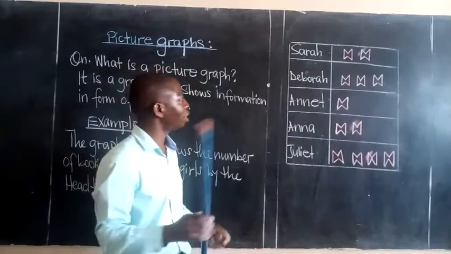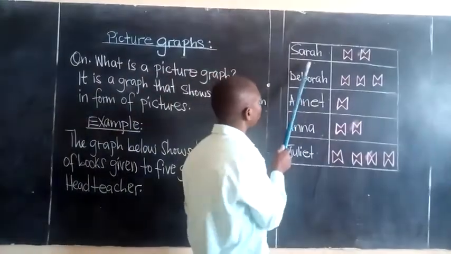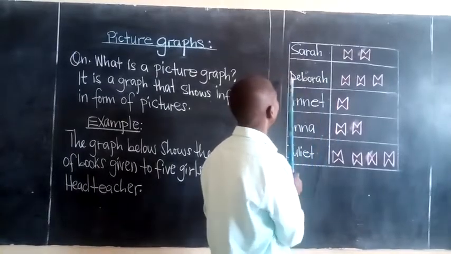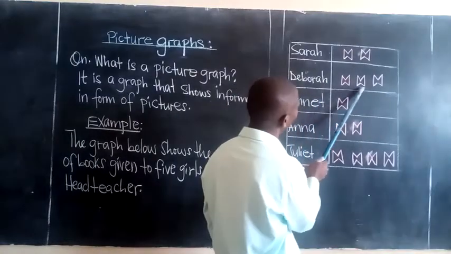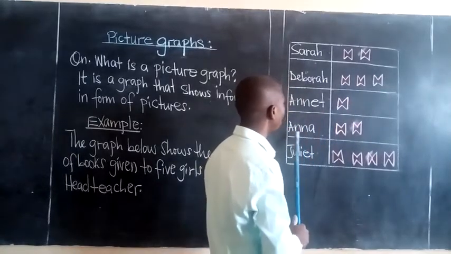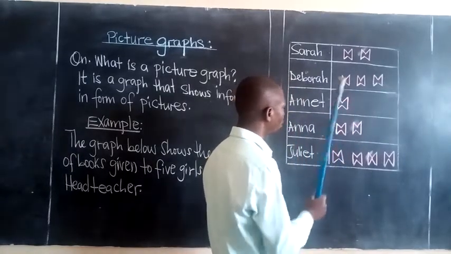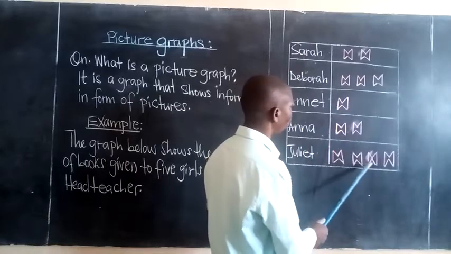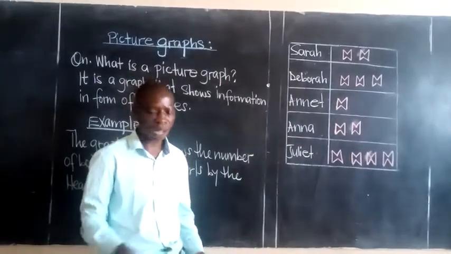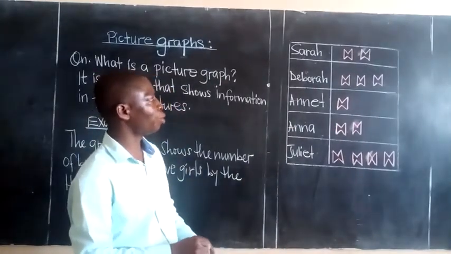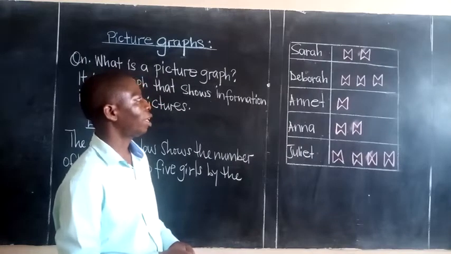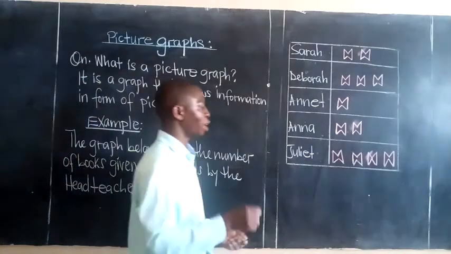Now, if you look at the names of children, Sarah was given 1, 2 books. Deborah was also given 1, 2, 3 books. Annette, 1 book. Anna, 2 books. And Juliet, 1, 2, 3, 4 books. Now, from that they will ask you questions.